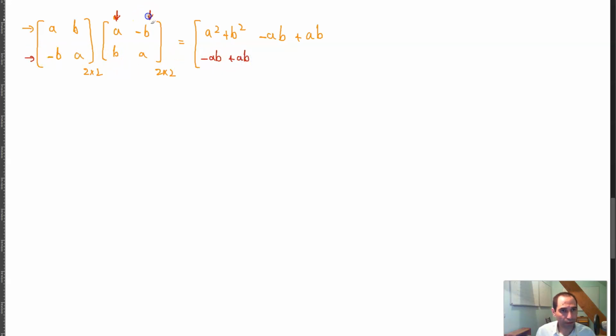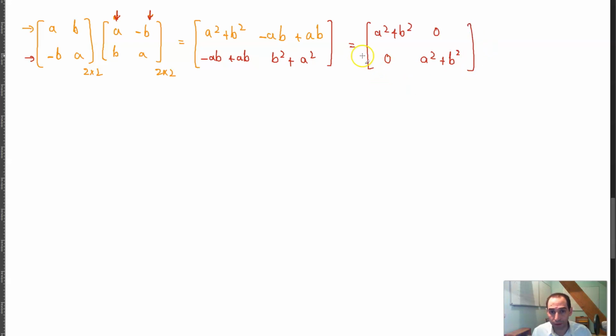And this row and this column, you'll get positive b squared plus a squared, which is the same thing as a squared plus b squared, 0 and 0, and a squared plus b squared. So that is that.